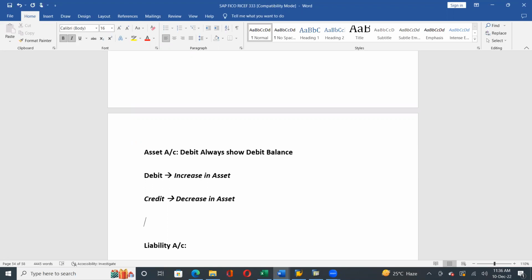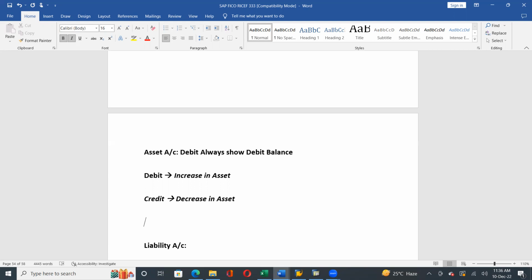As I said, the things which we purchase, remember this, whatever we purchase for resale purpose, then it is considered as goods. Understood? Whatever we purchase for resale, our intention is to resell it.